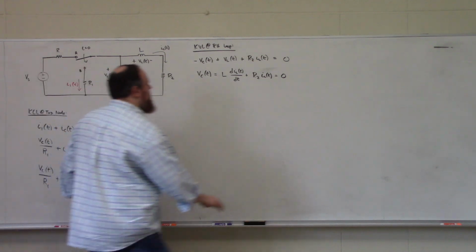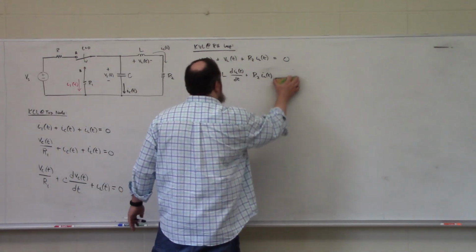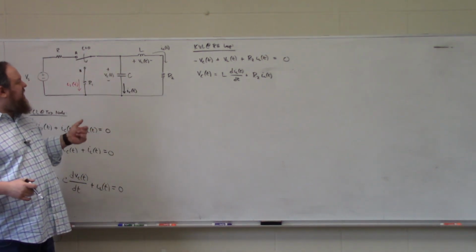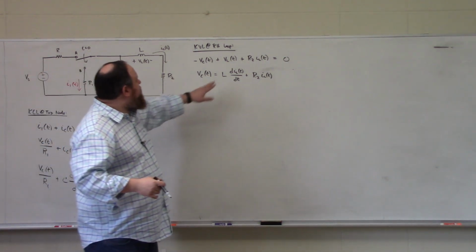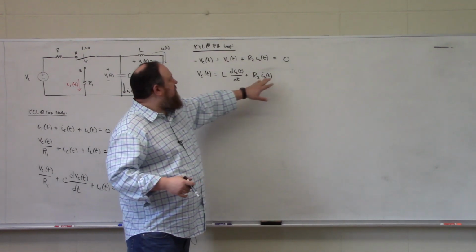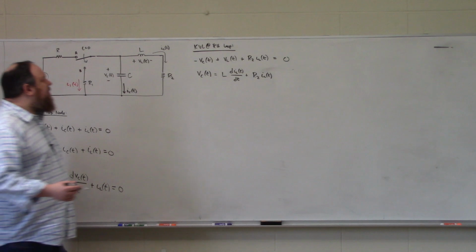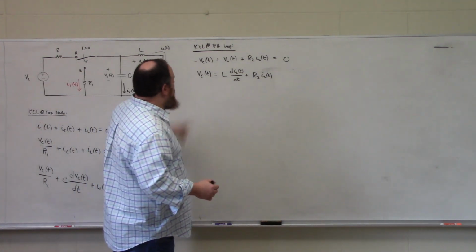Oh, sorry, and this is no longer equal to 0 because I moved something around. Now, I have a second equation. This one relates my capacitor voltage to the first derivative of my inductor current and the 0th derivative of my inductor current. So what I'm going to do is I'm going to take the derivative of this equation.